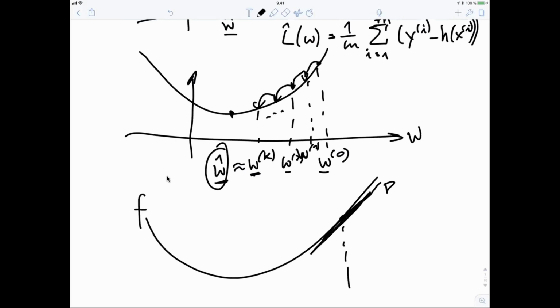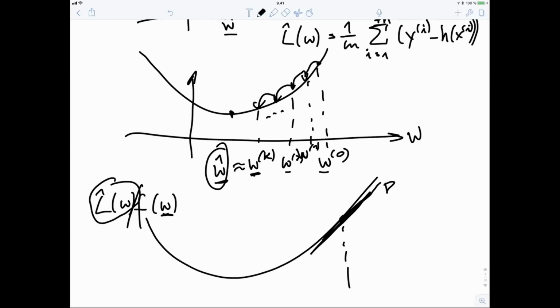I call it generic function. This could be, for example, the empirical risk. Another function would be the risk. But this function, we do not know. We don't have access to the risk. We can only evaluate the empirical risk by computing the average loss over the training error.